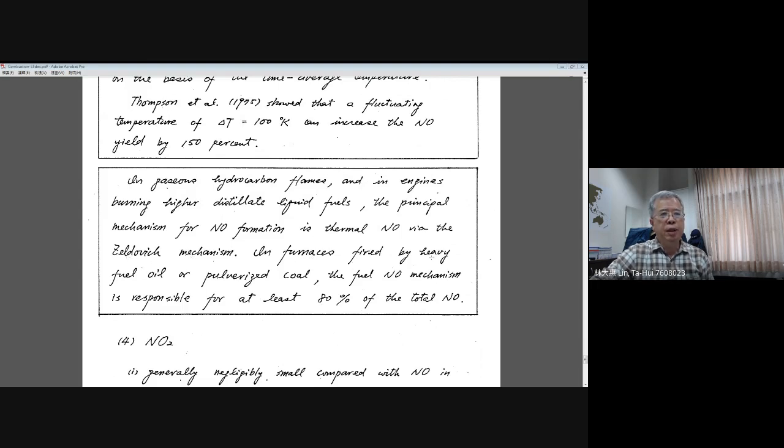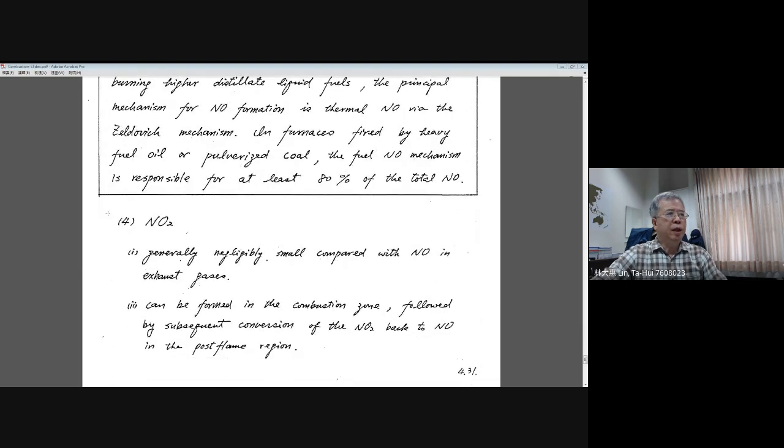But for the furnace, if you burn heavy fuel oil or pulverized coal, they always contain a certain amount of fuel N. Then the fuel NO mechanism is responsible for at least 80% of total NO. This is a basic understanding of the applications.